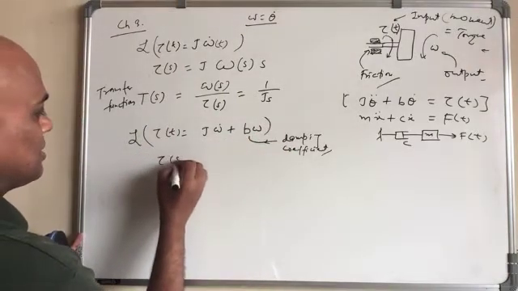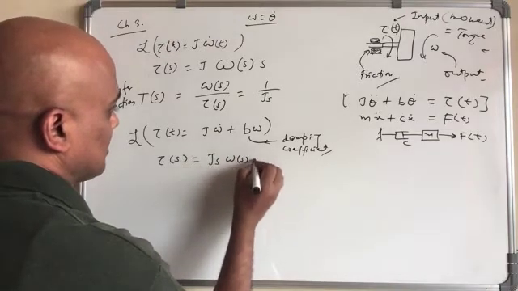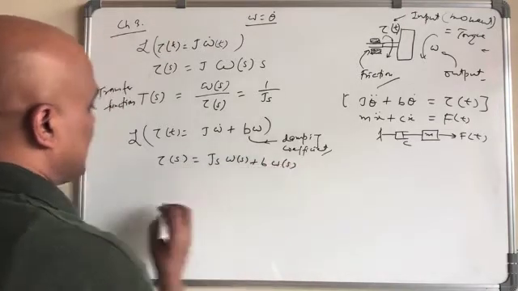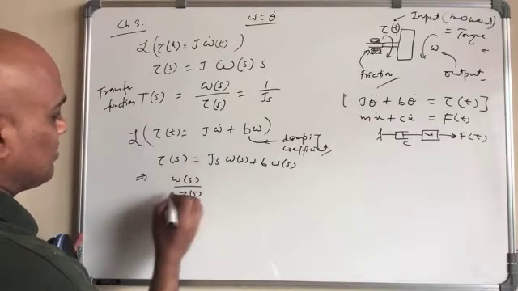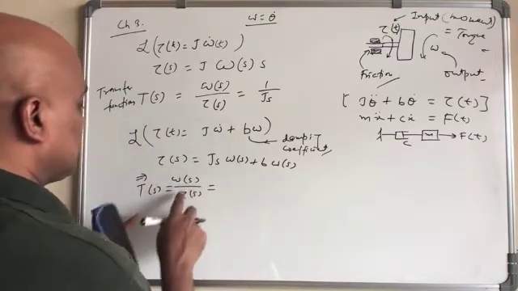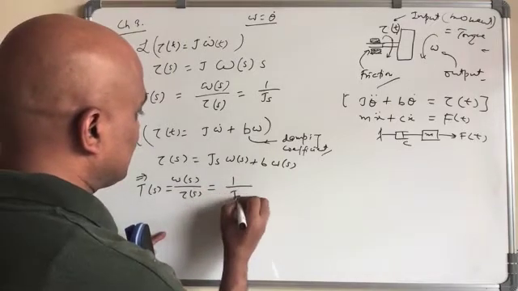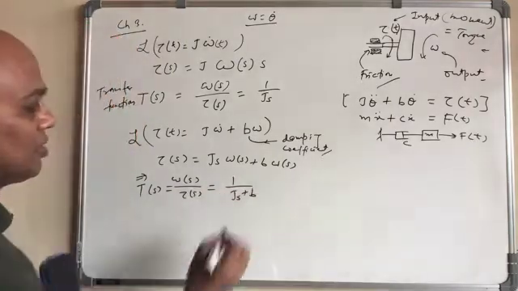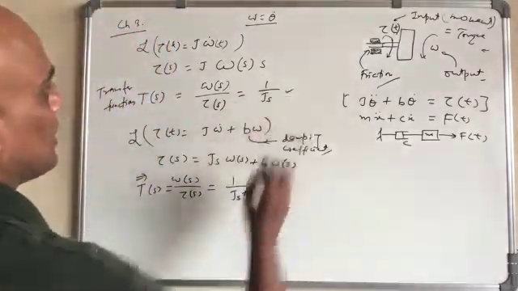You get tau(s) is equal to J s omega(s) plus B omega(s), and hence omega(s) over tau(s), which is the transfer function, will be equal to 1 over (Js plus B). So in this case the transfer function will be like that.